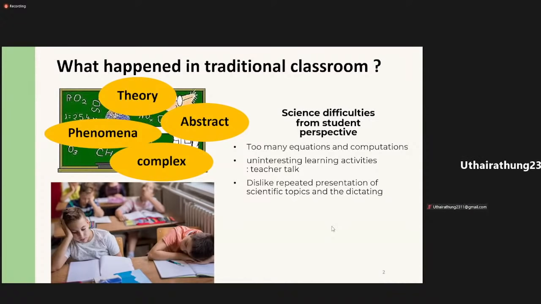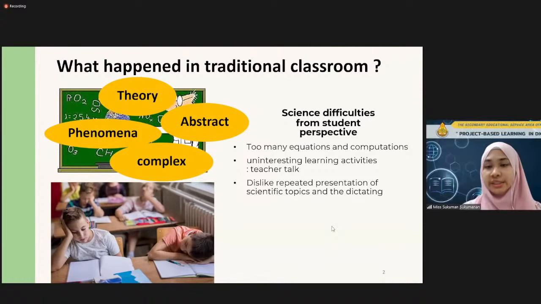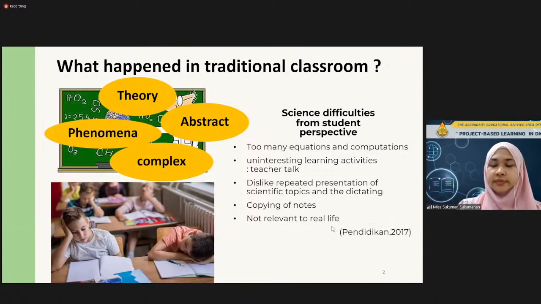And sometimes they are assigned to repeat the presentation of the teacher by taking notes, copying notes. And the important thing is they cannot relate the science concepts to real life. So that is the big problem, right? And this is the research from PDCA in 2017.